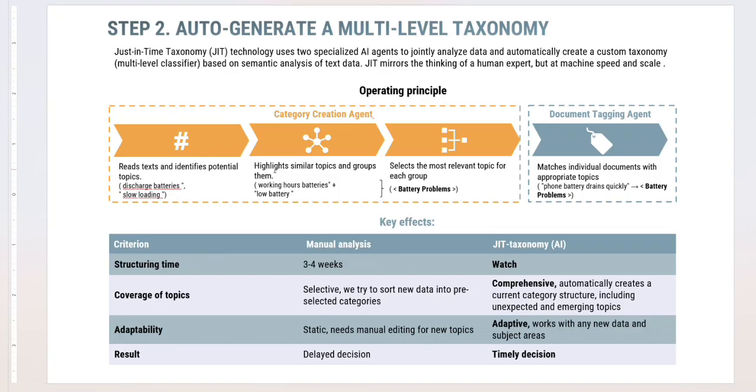So next task is doing clustering and grouping together similar topics. So the system can group them together, and one more engine is needed to identify the most relevant topic for the group.